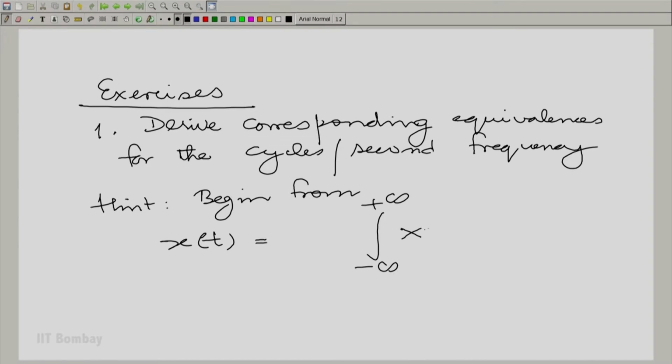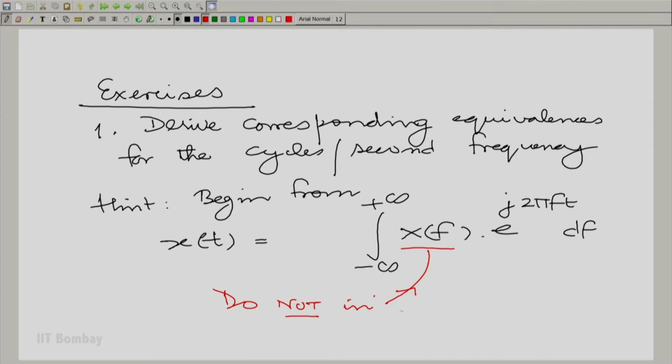Now, please remember, I must emphasize this again, when we write down X(f), do not interpret this as X(omega) with omega replaced by f. It is in fact X(omega) with omega replaced by 2 pi f.